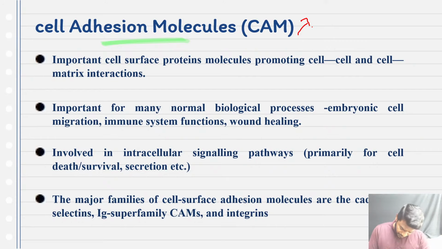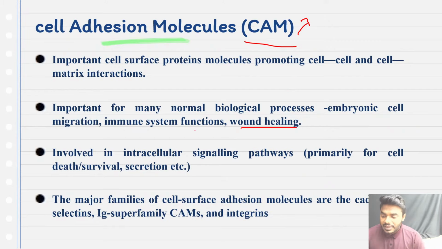WBCs keep on moving in the blood circulation. Whenever damage occurs, they enter that damaged area and are involved in wound healing. So friends, how is this WBC contacting the other cell, how is it communicating with the other cell? Of course, with the help of CAM molecules only.